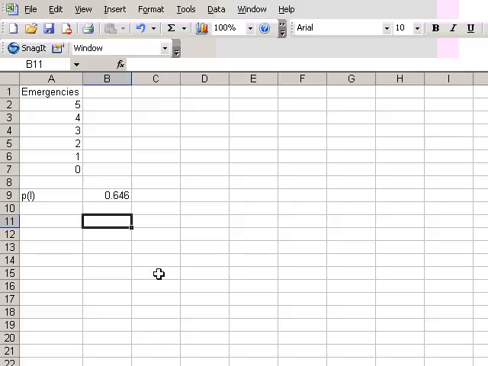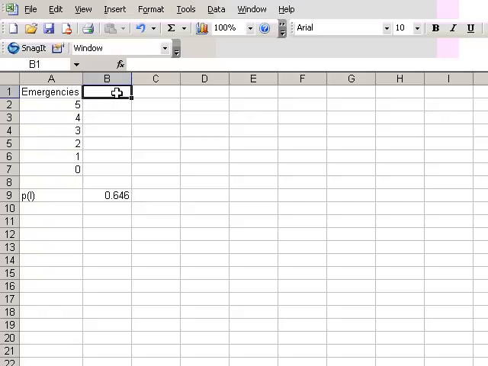The first thing we're going to do is to find the number of different ways in which we could see 5 emergencies or 4 emergencies and so on out of 5 visits to the emergency room clinic. And according to the formula on page 157, 5.7, we can find these number of different ways or combinations.